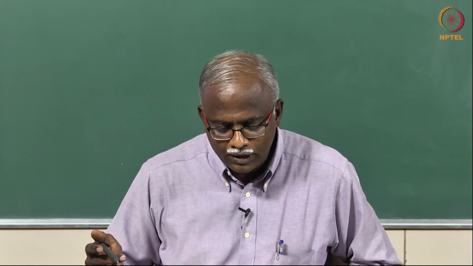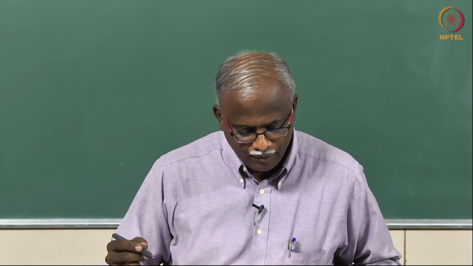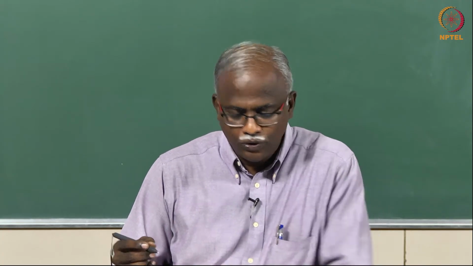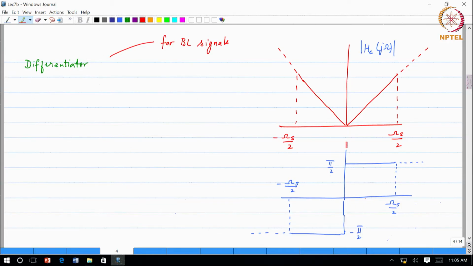So just to complete this problem, this is the magnitude of H_c(jΩ), this is the argument or angle of H_c(jΩ). In order to do that we would have to change it over to discrete time. So this would become π, this would be minus π, and then we would have the magnitude of H_eff(e^{jω}).